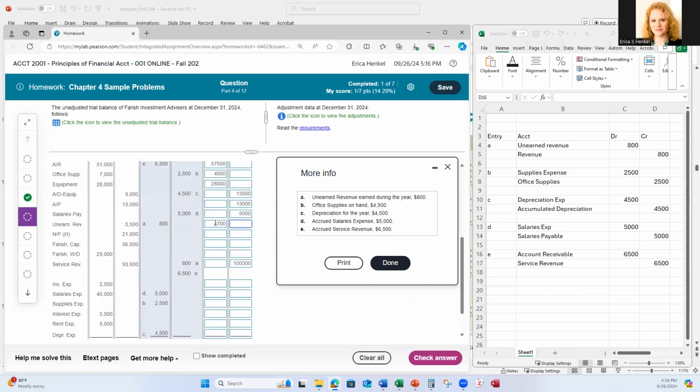And then, oops, sorry, credit balance, got that in the wrong column there. Then we've got credit balance here, credit balance here, and a debit balance here. Okay, those were part of this entry, so that's good. All right, so debit again.